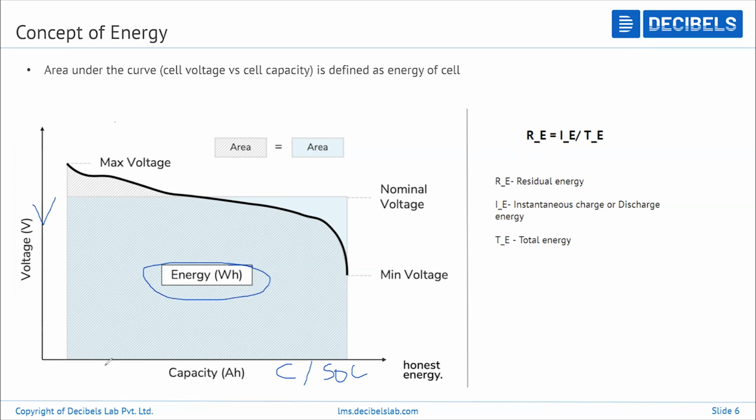You might have observed that when we charge or discharge the battery or the cell at different C rates and different temperature conditions, the curve may appear something like this.